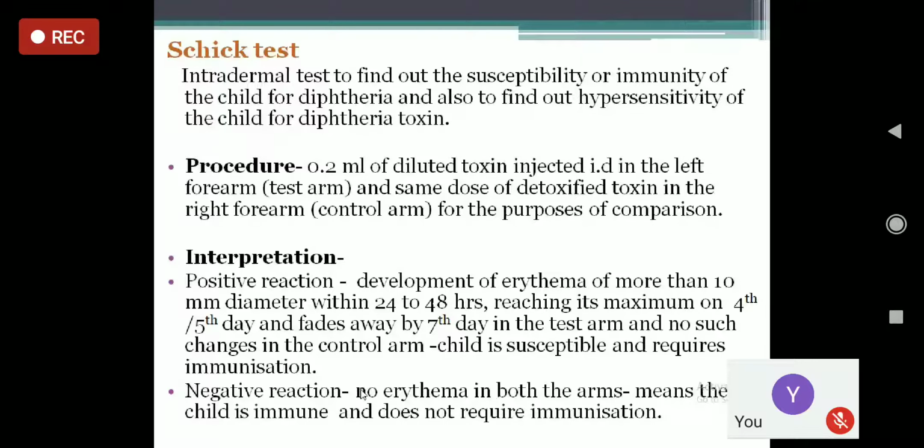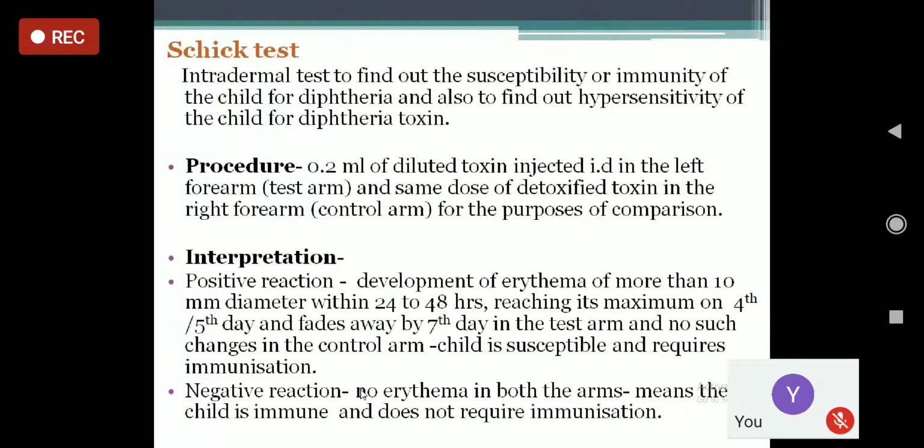So if this kind of erythema develops in the test arm within 24 to 48 hours, increases in size on the 4th and 5th day, and on the 7th day starts to fade away, then that case is positive. Positive means the child is susceptible and requires immunization.